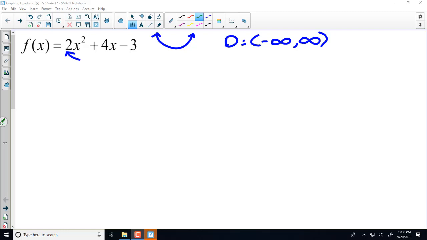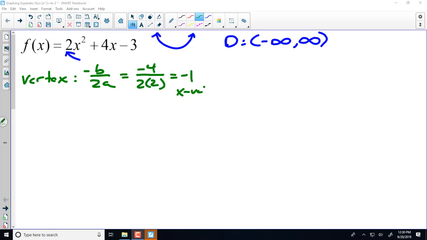Let's find the vertex, everyone. To find the vertex, when we're in this form, we have to use this negative b over 2a formula. So that's going to be negative 4 over 2 times 2, which is going to end up being negative 1. Remember, that's not your vertex, everyone. That's just the x value of the vertex. To find the y value, we actually have to take the negative 1 and plug it back into the original function.